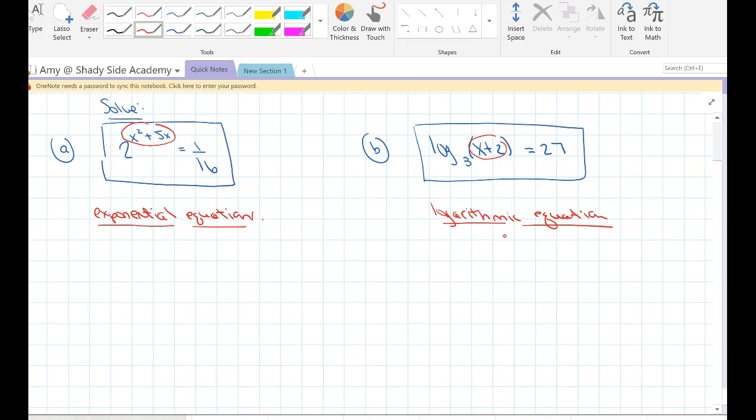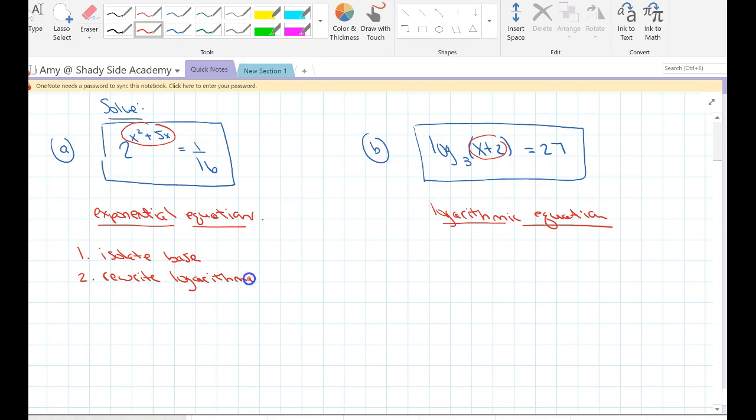All right, so now I'm going to go through the steps that you want to work through when you are solving an exponential equation and a logarithmic equation. So step number one, when you have an exponential equation, the first step is to isolate the base. And isolate the base means to isolate the base that contains the variable that you're solving for. And in this case, it already is. Step two is to rewrite logarithmically.